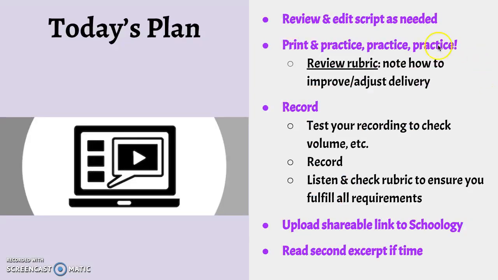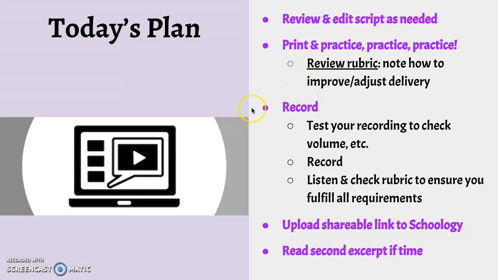And then here is what the final day is. So this is day 4 when they come in. So usually we will look at a student sample one last time. So watch that recording, listen to it, double check that we have all the elements that we need, and then they need to practice some more, make sure they go over that rubric one last time.